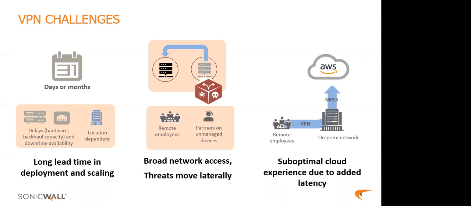This is also a VPN challenge. And the employee can also experience significant latency with the VPN, as the network traffic loops around on-premise VPN concentrators instead of going directly to the cloud.